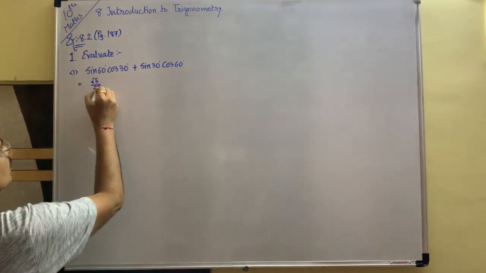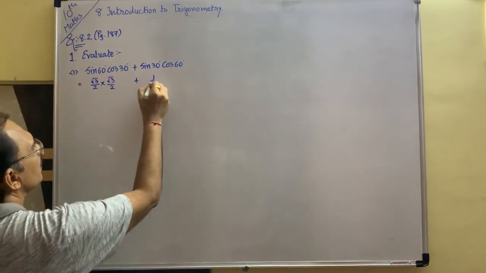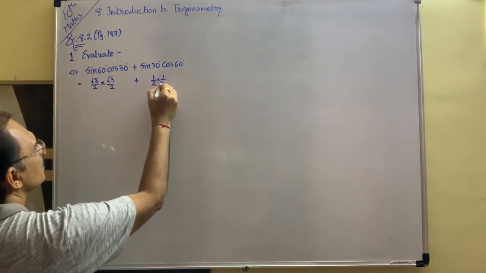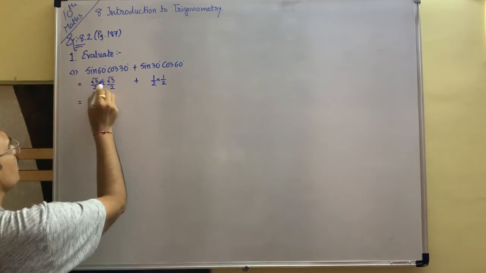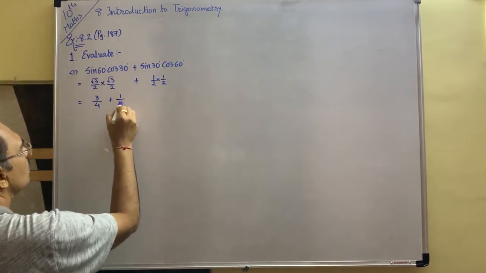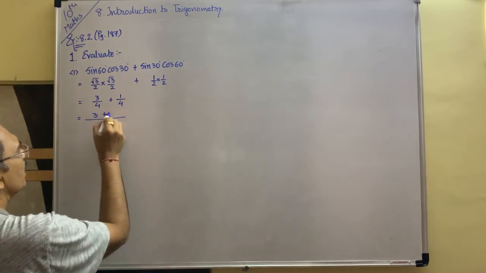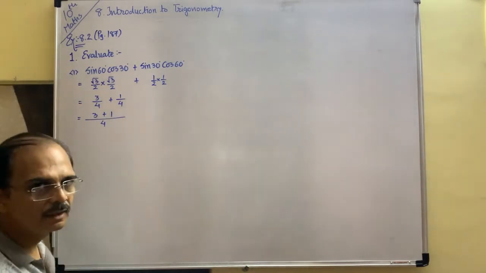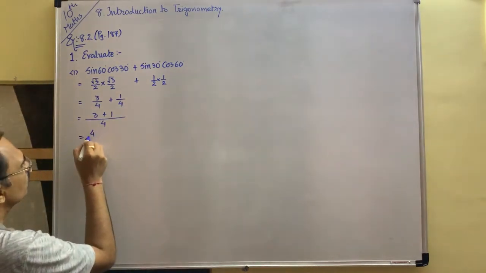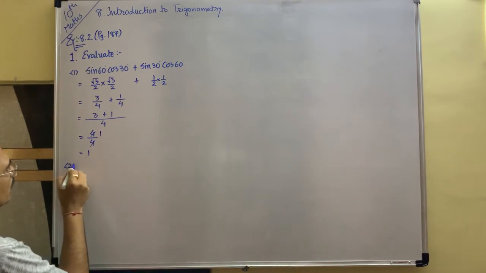Root 3 by 2. Cos 30 is also root 3 by 2, plus sin 30 is half, cos 60 is half. Root 3 into root 3 is 3, 2 2s are 4, plus 1 1s are 1, 2 2s are 4. LCM 4, 3 keep it as it is, 1 as it is because 4 is there in the denominator. So this is 4 upon 4, that is 1. Answer is 1.